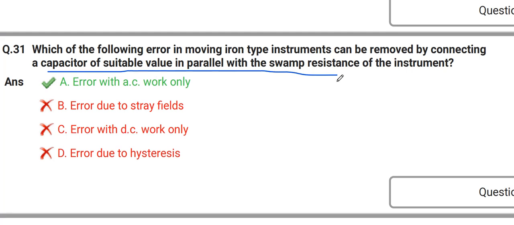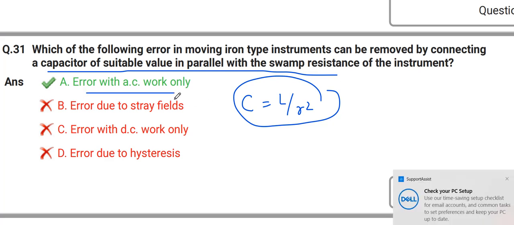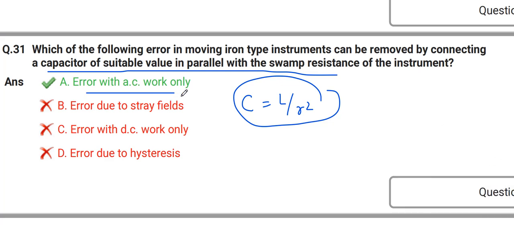Then the impedance of the whole circuit of the instrument becomes independent of frequency, and the capacitance is C = L/R². Here C is the capacitance of the condenser. Due to this, the error is reduced. Error with AC work only is the option. This is the right answer: error with AC work only.